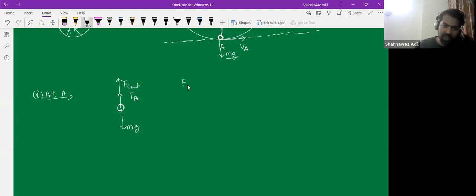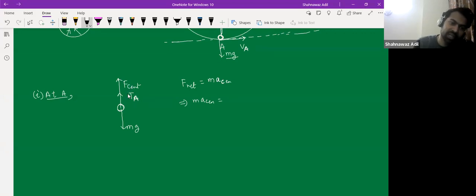Newton's second law says that F net is how much? ma, right? And the force is due to this centripetal acceleration. So F net is m a centripetal, equal to TA and mg. Which would be positive, which would be negative? Yes, guys, quickly tell me, we don't have that much time.